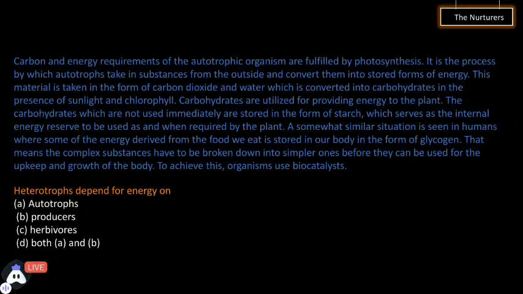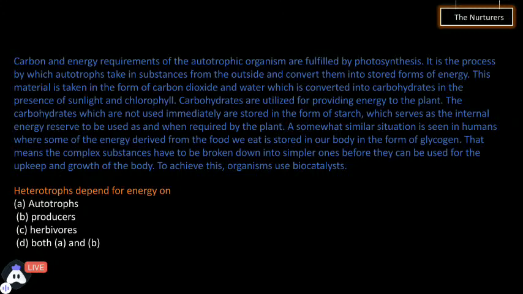As it says, carbon and energy requirements of the autotrophic organisms are fulfilled by photosynthesis. It is the process by which autotrophs take in substances from outside and convert them into stored forms of energy. This material is taken in the form of carbon dioxide and water, which is converted into carbohydrates in the presence of sunlight and chlorophyll. So they are completely telling up the process of photosynthesis.